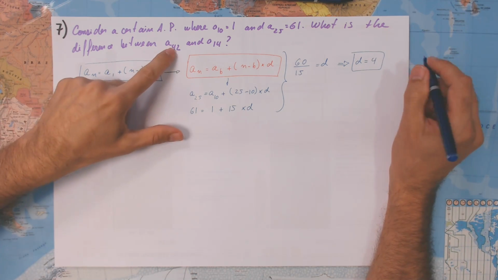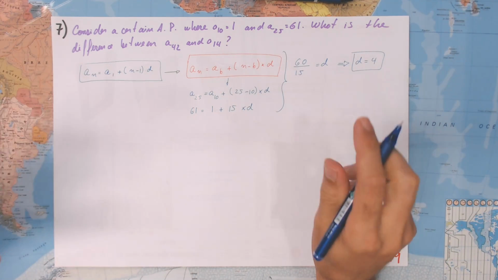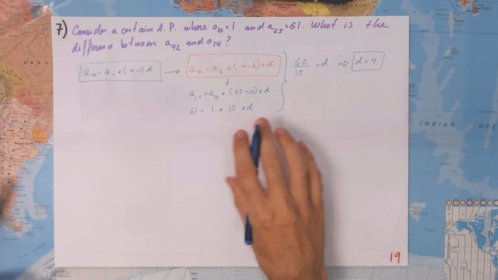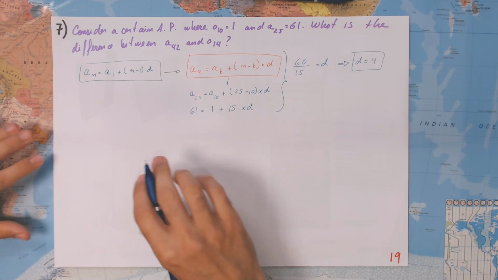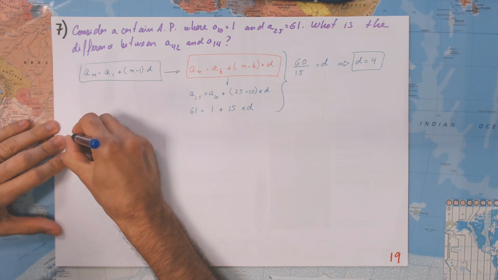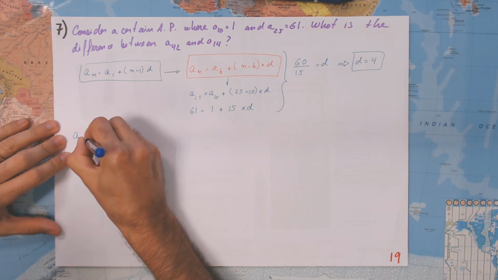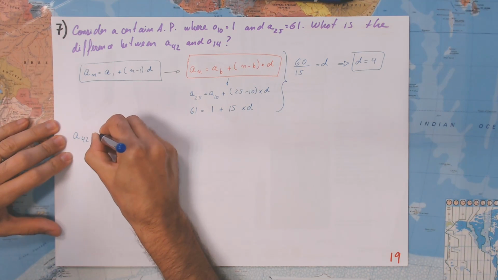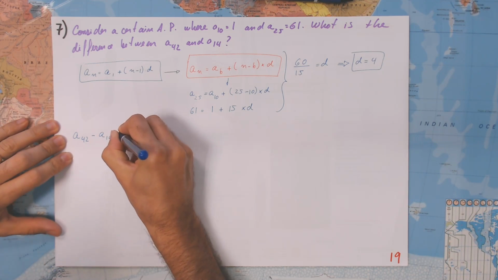Now, how can we do this? Well, we could calculate each one separately, but instead I'm going to write directly a42 minus a14, because that's what we are trying to find.